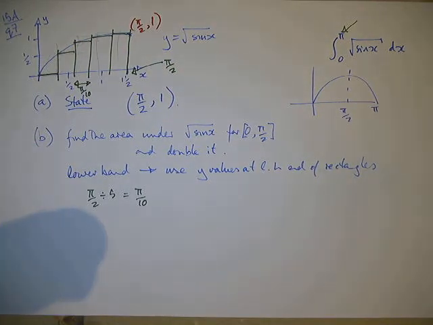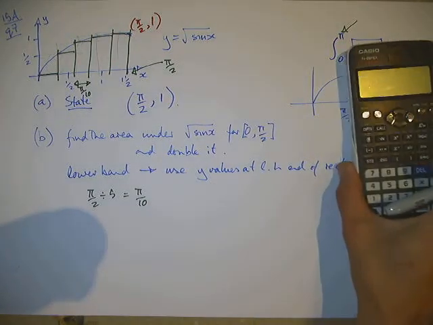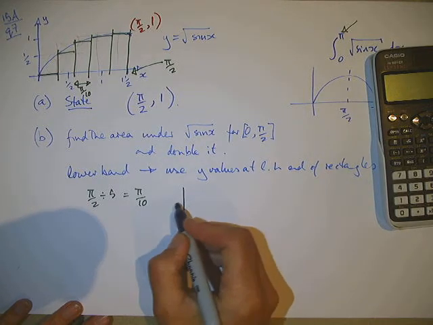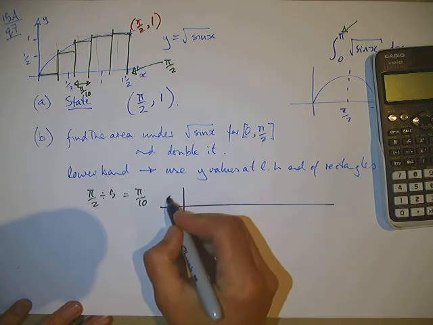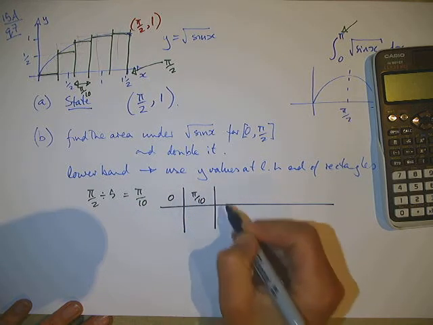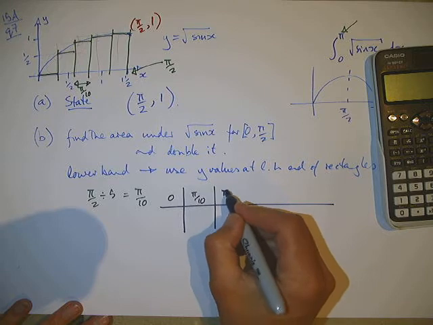So the starting point is a table of values, which you could quickly generate on your calculator. So we've got 0, pi by 10, add pi by 10 to that, you get pi by 5.